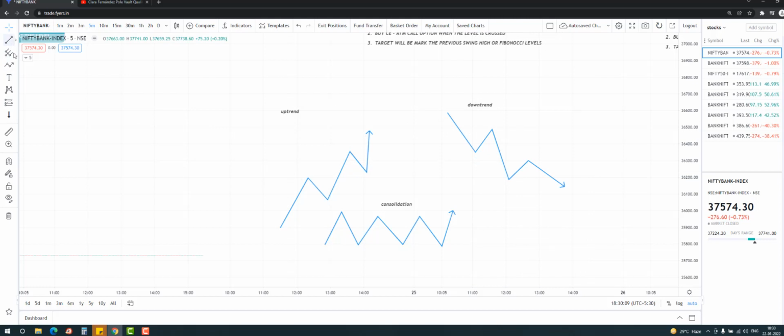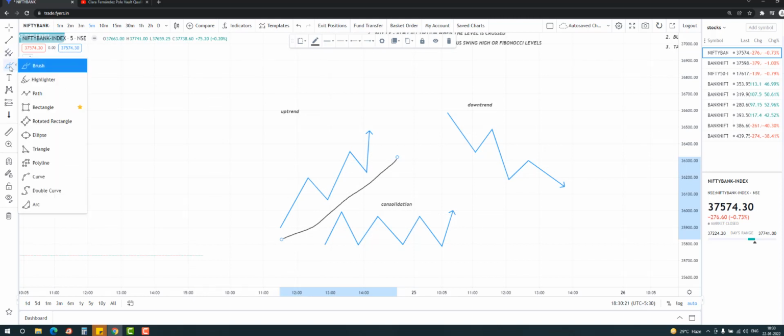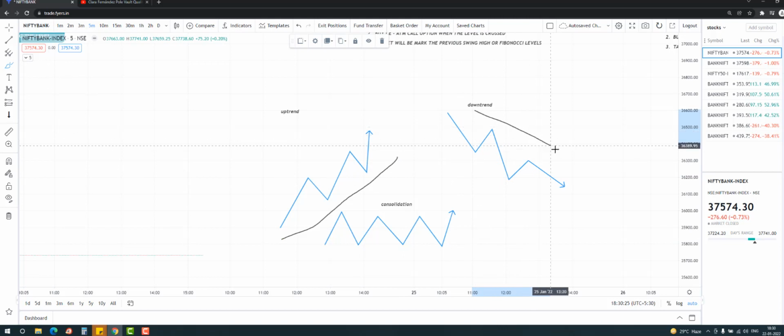I'll have a little drawing here so that you understand. A moving average moves like this in an uptrend. This is a 9-period moving average, and most probably the moving averages run the same way on a downtrend.